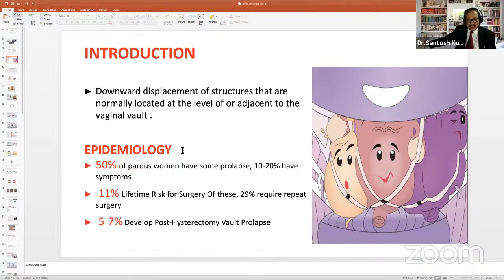So if you are a urologist, you have a tremendous opportunity if you practice in this area, because most of the gynecologists are not doing comprehensive practice in this area. Again, urologists are also not concentrating in this area.